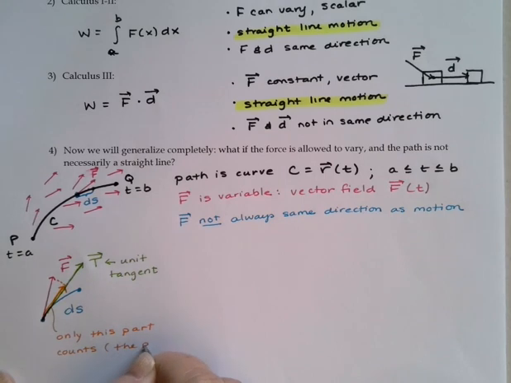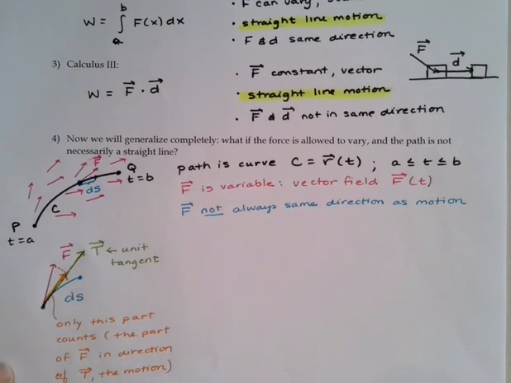It's the part of F in the direction of motion, direction of T. The tangent represents the motion at that instant.